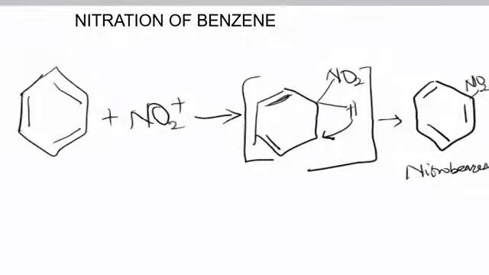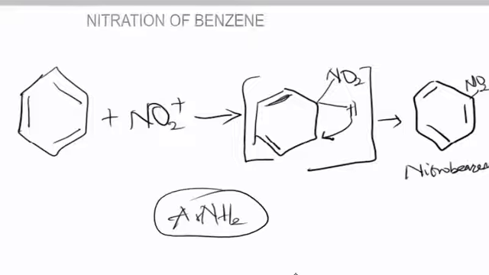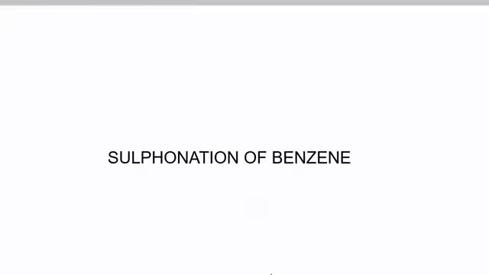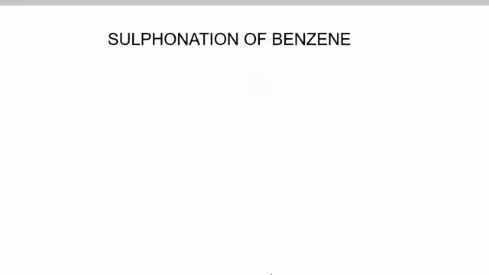So this process is important in the synthesis of dyes and pharmaceutical agents because the nitro substituted products can be reduced to arylamine. That's ArNH2. So next is the sulfonation of benzene.